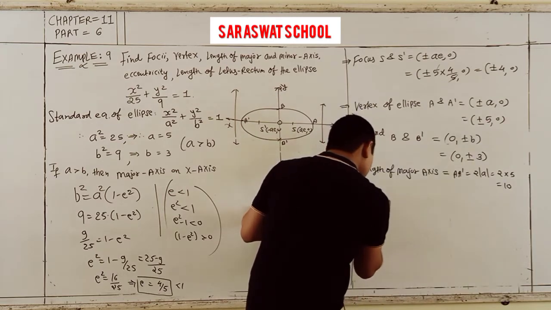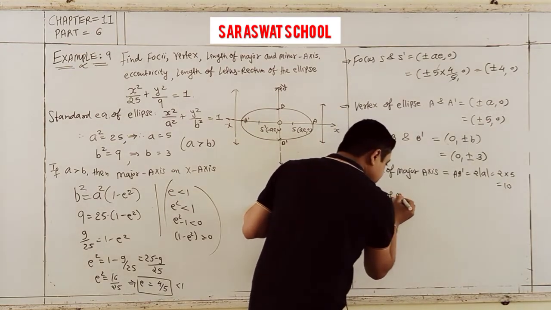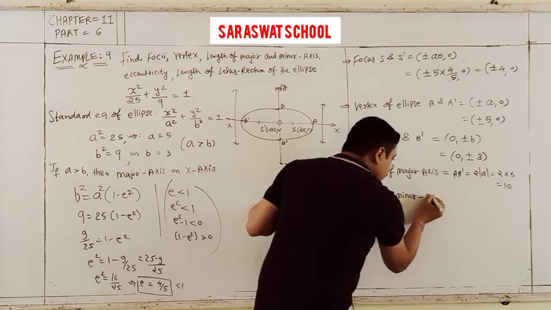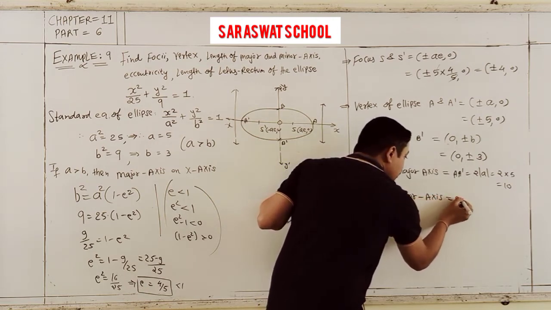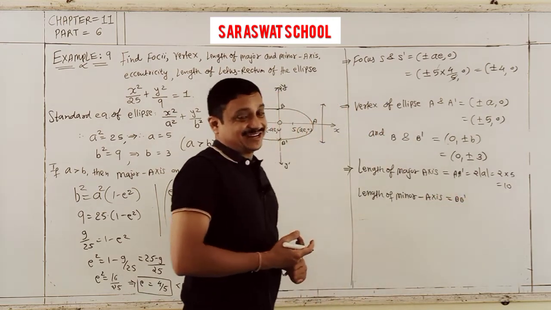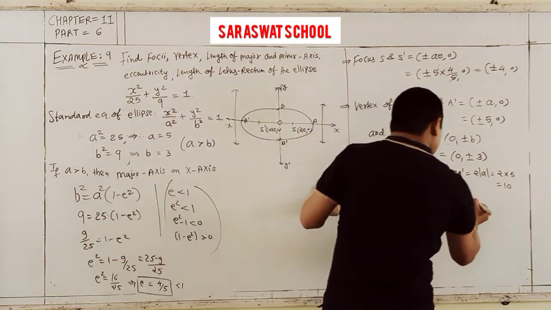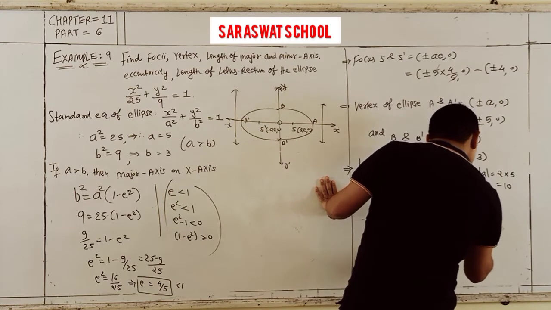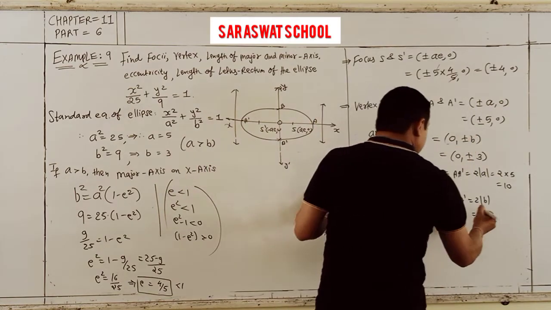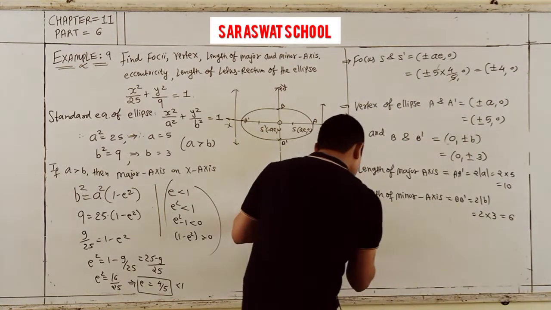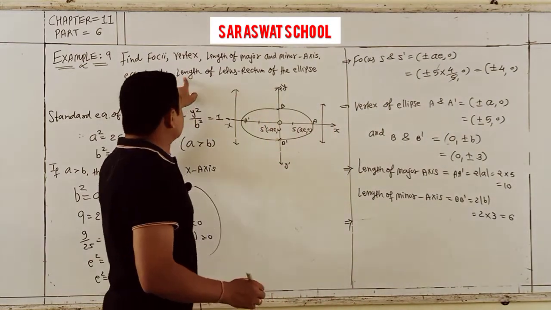Same as the length of the minor axis. It is simply BB dash, the minor axis, and its length is twice modulus b. And what's b? 3. It gets 6. Now the eccentricity is known.